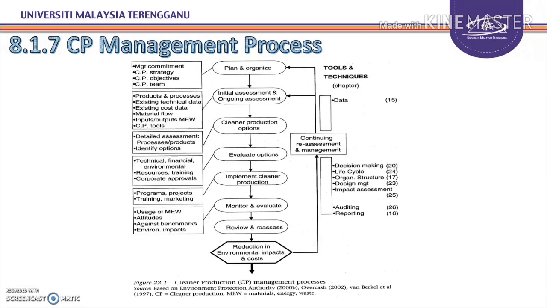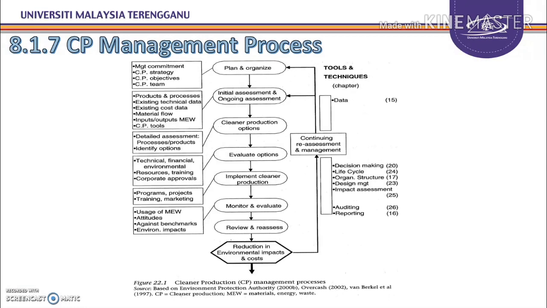So go back to the overview of CP that has been explained previously, which is changing attitudes. And then the second phase of the process is initial assessment and ongoing assessment. In this process, we need to gather the technical and historical data to establish a good understanding of the organization, product and production process.